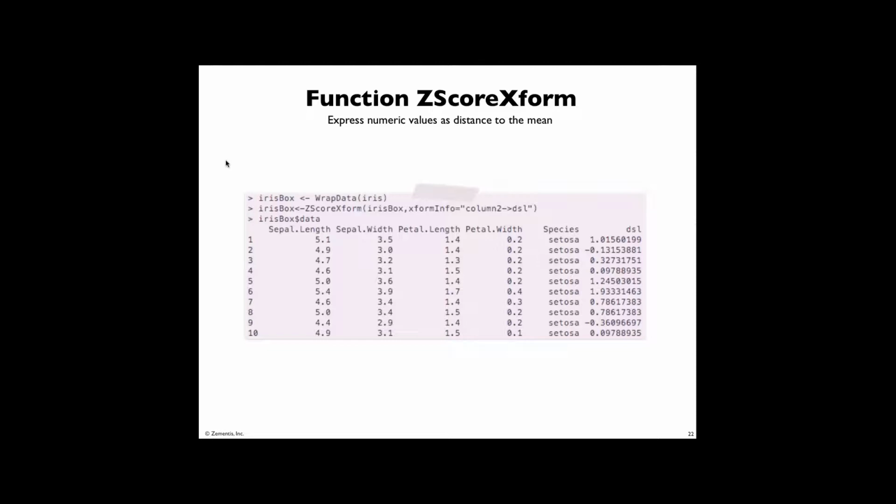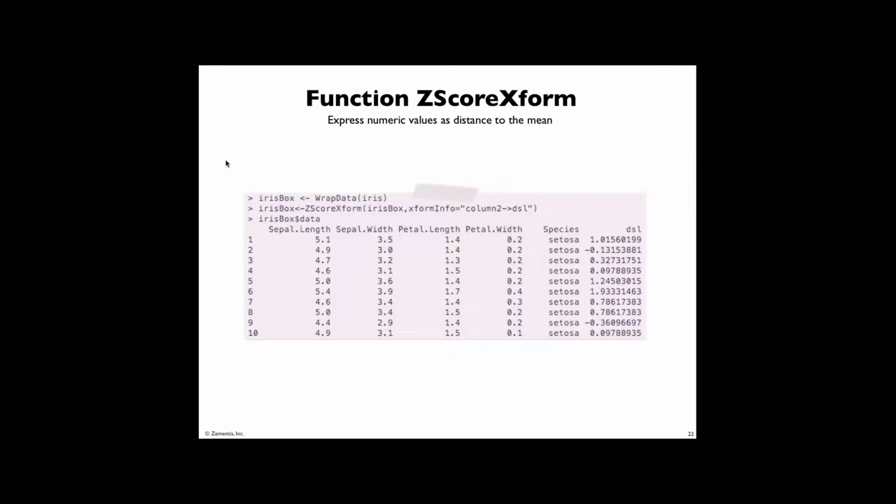So the command is simple enough. You can see first you wrap the data as usual. And the command is ZScoreXform with the parameters: the transform object, and the transform information, which in this case I've shown is column 2 to DSL.